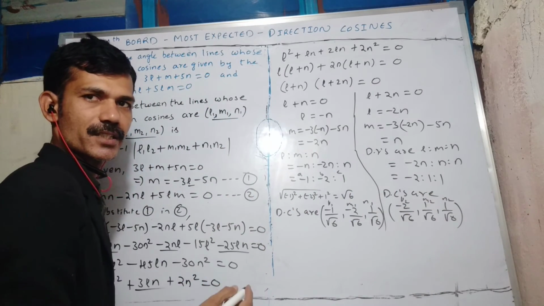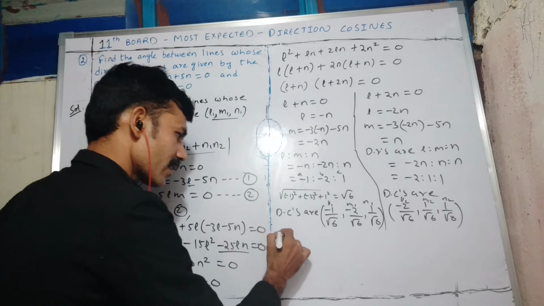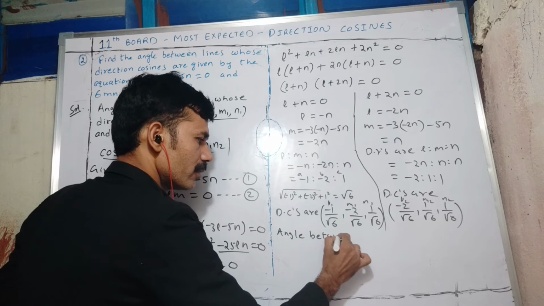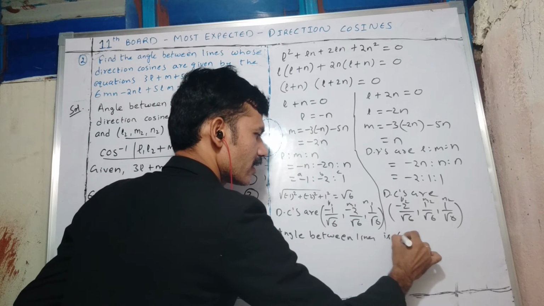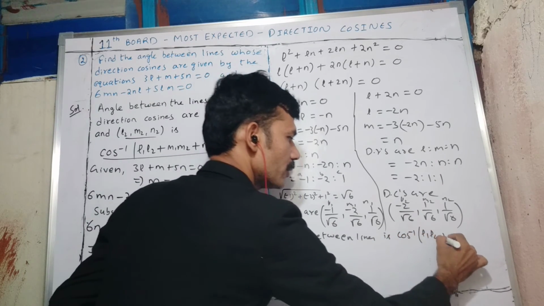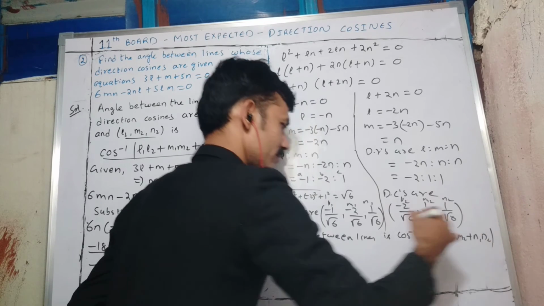When the direction cosines are known, how do we find the angle? The angle between the lines is cos inverse of the modulus of l1 l2 plus m1 m2 plus n1 n2.